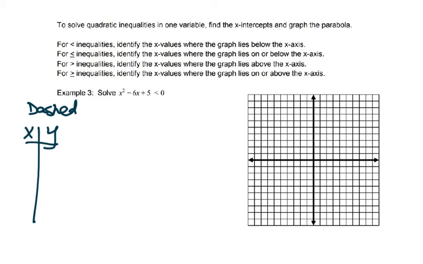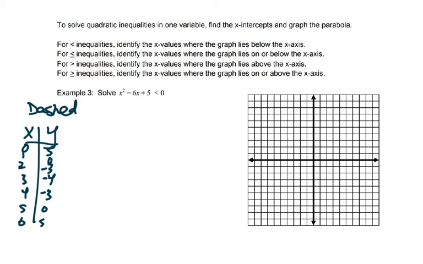And it looks like we've got a vertex at 3, negative 4. And then we have 4, 5, 6. And we will have points at negative 3, 0, 5 in the opposite directions.